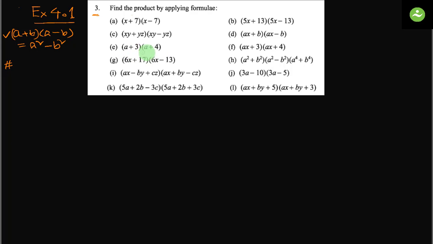This is not A plus 3 and A minus 3. If it was A plus 3, A minus 3, we could apply the formula A plus B, A minus B. So now we have to apply a different formula.